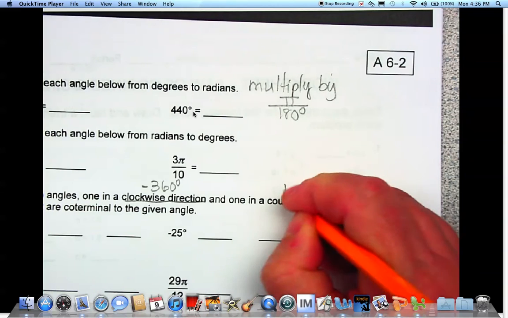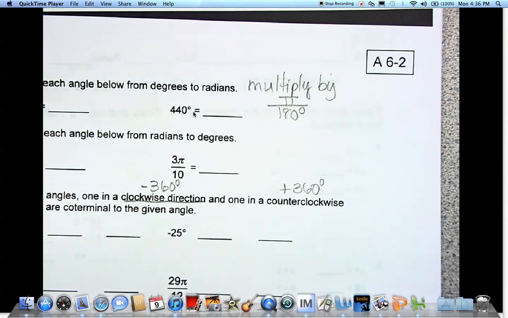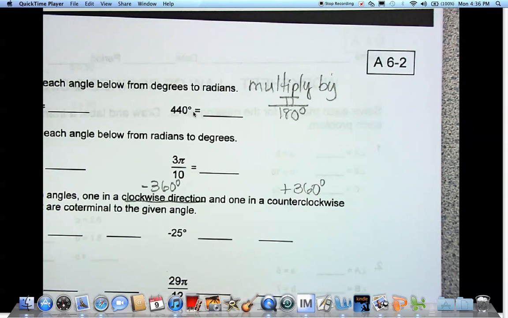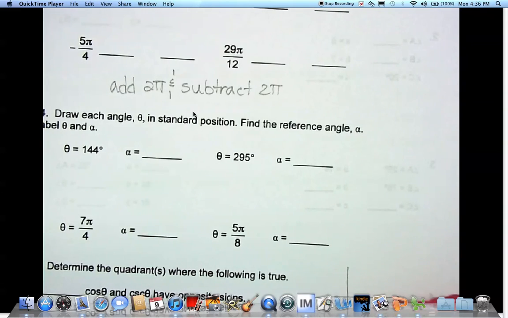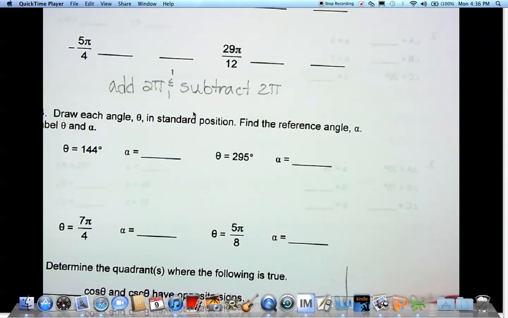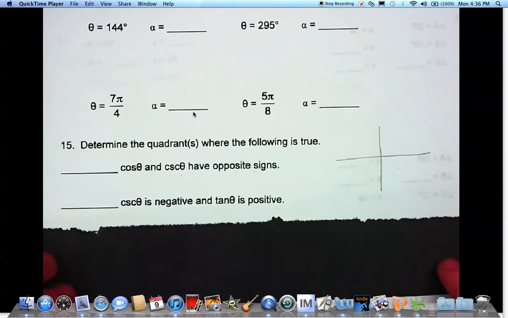In a counterclockwise direction, you're going to add 360 degrees. Or, in radians, you're going to add 2 pi, subtract 2 pi. And then on 15, you have to draw your quadrants, All Students Take Classes, and see when the cosine of theta and the cosecant of theta have opposite signs, and when cosecant theta is negative and tangent is positive.